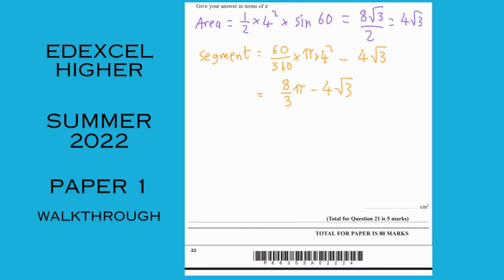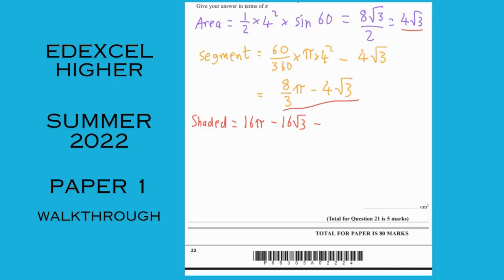So you've got to say that the area of the shaded, and this is going to be a long line, is the whole circle, which is pi r squared. We have to take away 4 lots of the triangle. So 4 lots of 4 root 3, 16 root 3. Then we have to take away 8 lots of this.